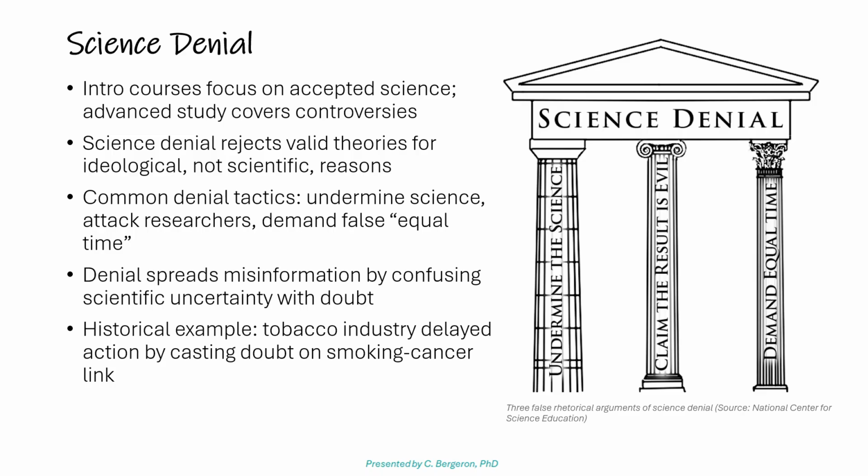And then a third strategy that is deployed by science deniers is to demand a balanced view or equal time in media coverage and educational curricula to help propagate the illusion that both sides are equally valid arguments, right?